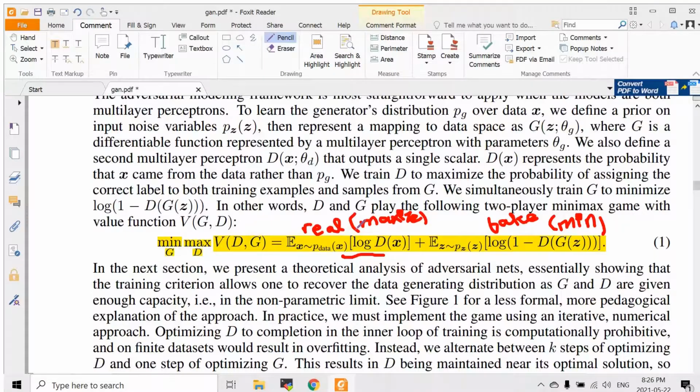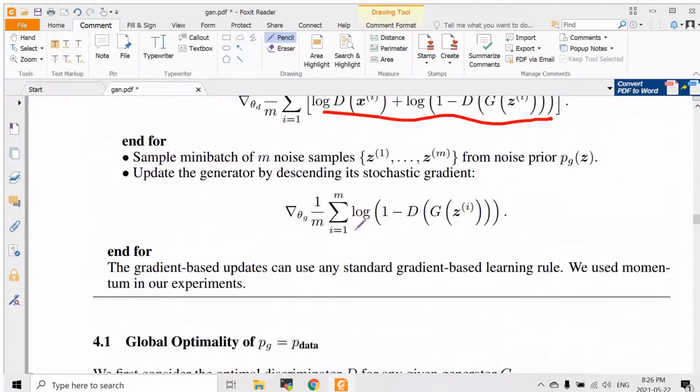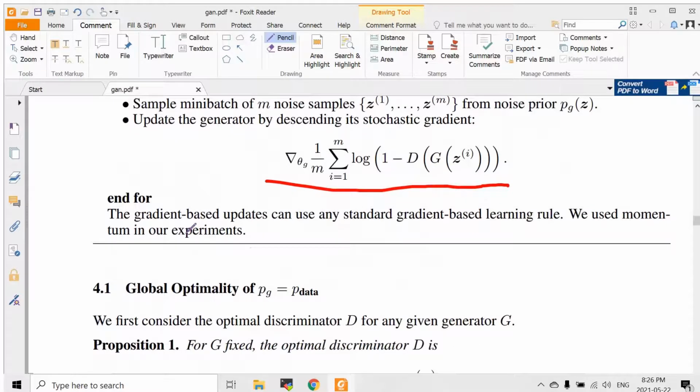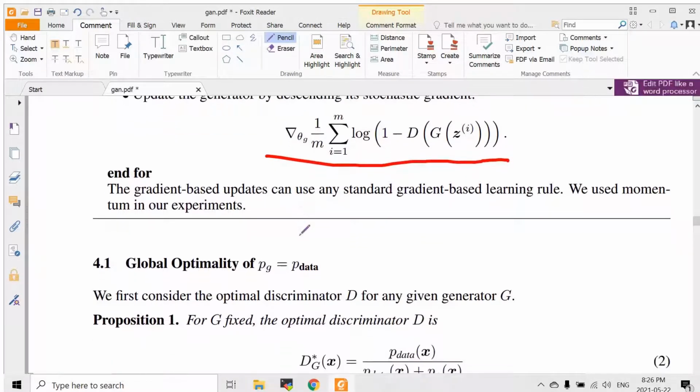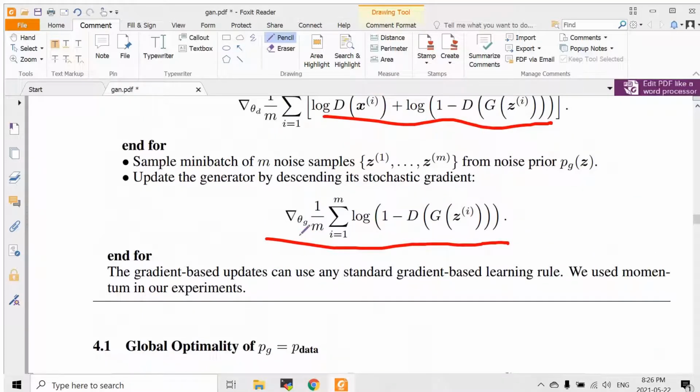Since in the first term there's no generator, we don't really need it. So for the update here, we only need to work on this term; the generator and the discriminator are pulling in opposite directions. The gradient-based updates can use any standard gradient-based learning rule. We used momentum in our experiment.